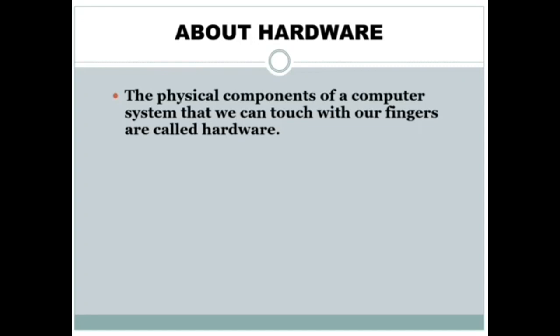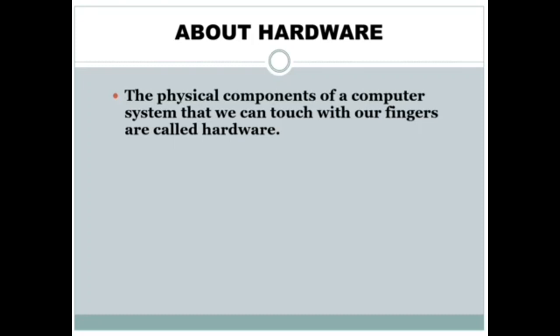That means we can see them also. For example, you can touch the keyboard, you can touch the monitor, you can touch the printer. Those parts we can touch, that is called hardware.